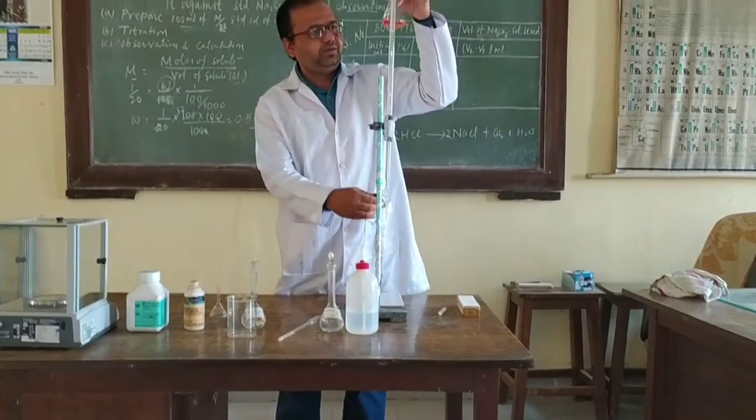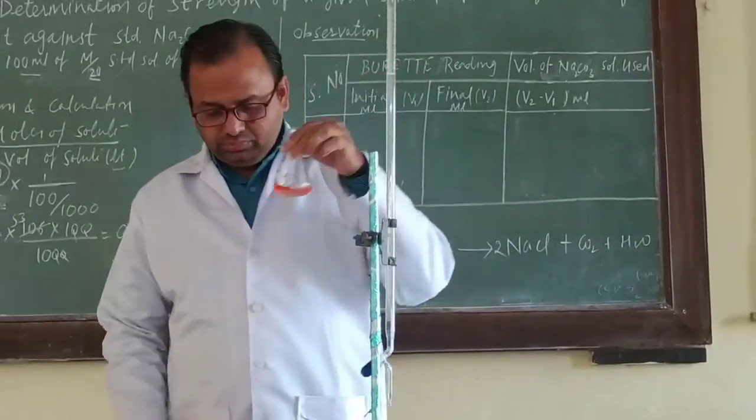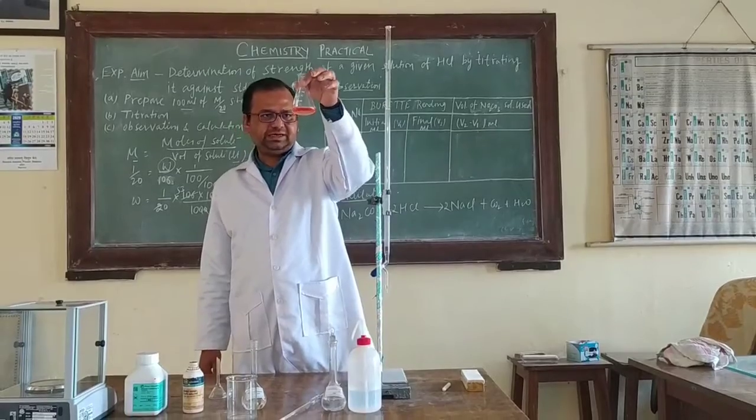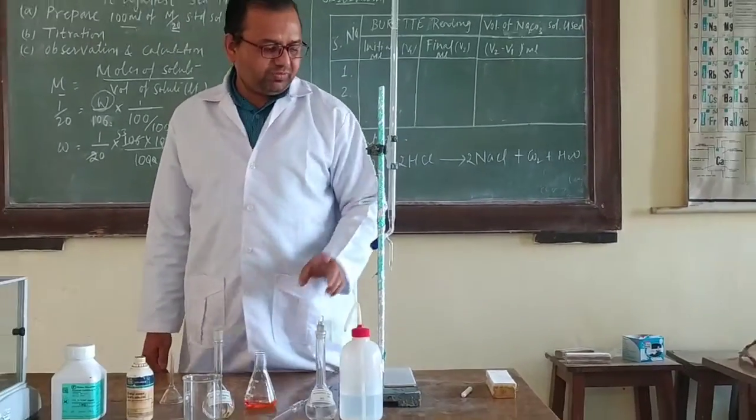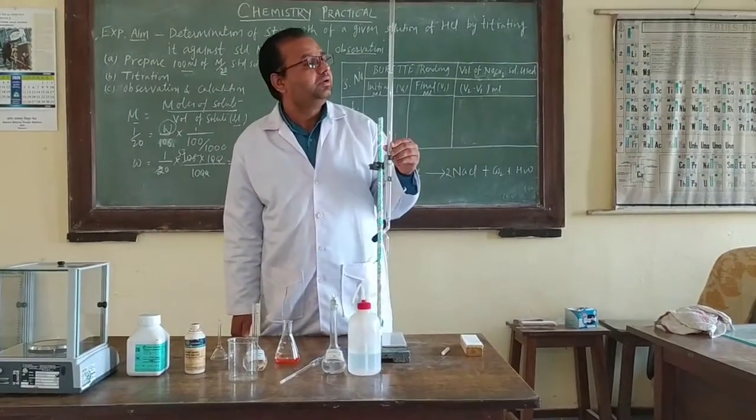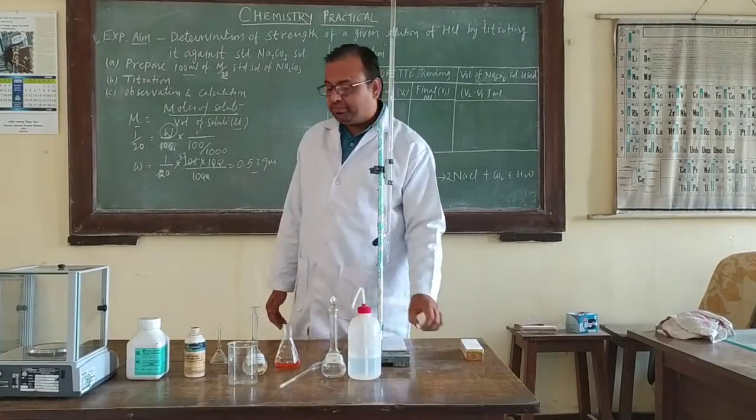Now this is red color. Now how much amount of HCl did we use? It is equal to 11 ml.